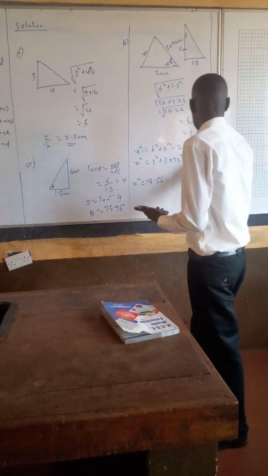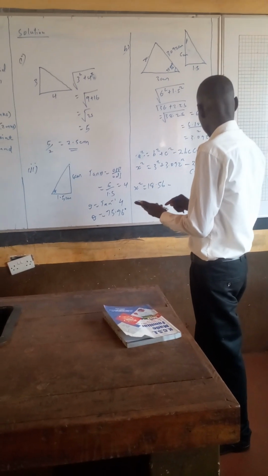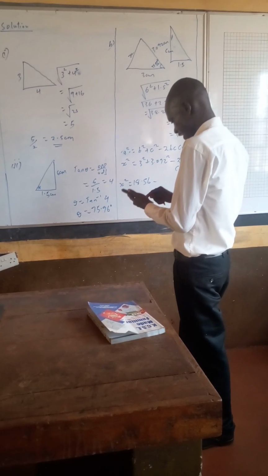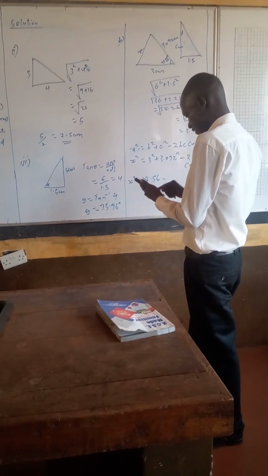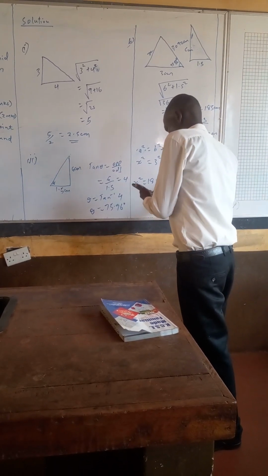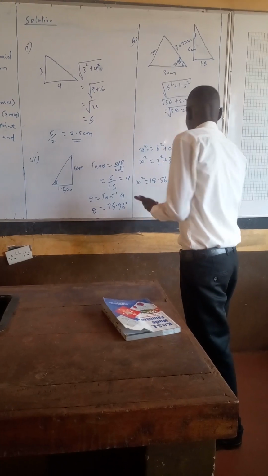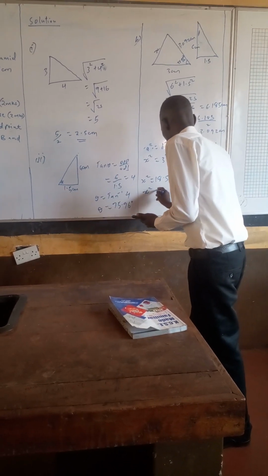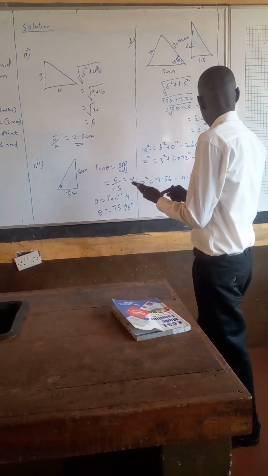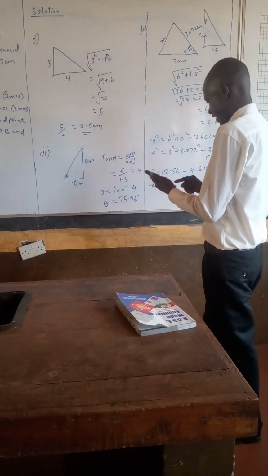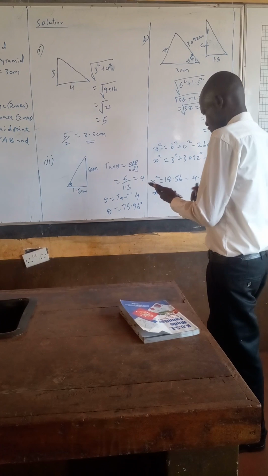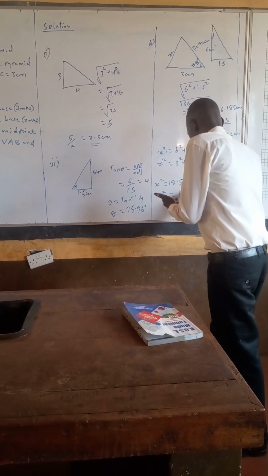This gives us 18.56 minus, so this one gives us 2 times 3 times 3.092 cos 75.96, which gives us 4.50. So x squared will be equal to 18.56 minus 4.50, so that this one gives us 14.06.